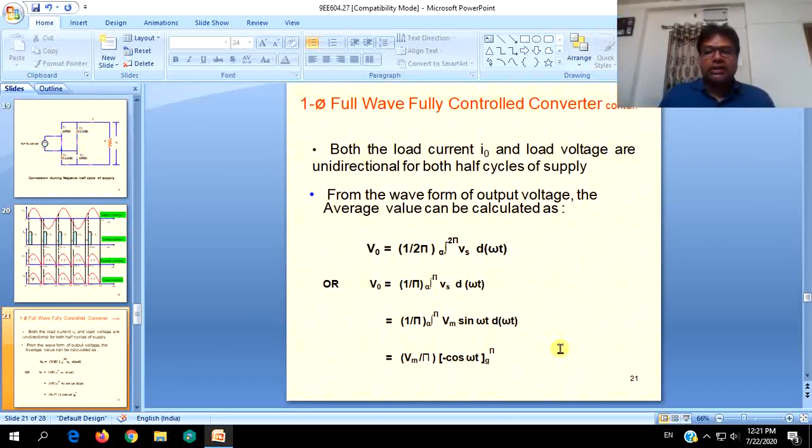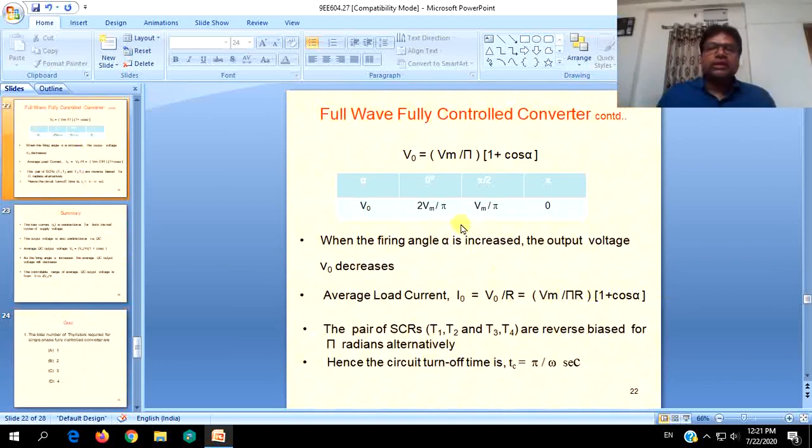When you take the integral and simplify, it comes out to be V0 equals Vm by pi times 1 plus cos alpha. Alpha is nothing but the firing angle or triggering angle, as you know, and for various values of alpha, V0 will be changing, like at alpha equal to 0 degrees.